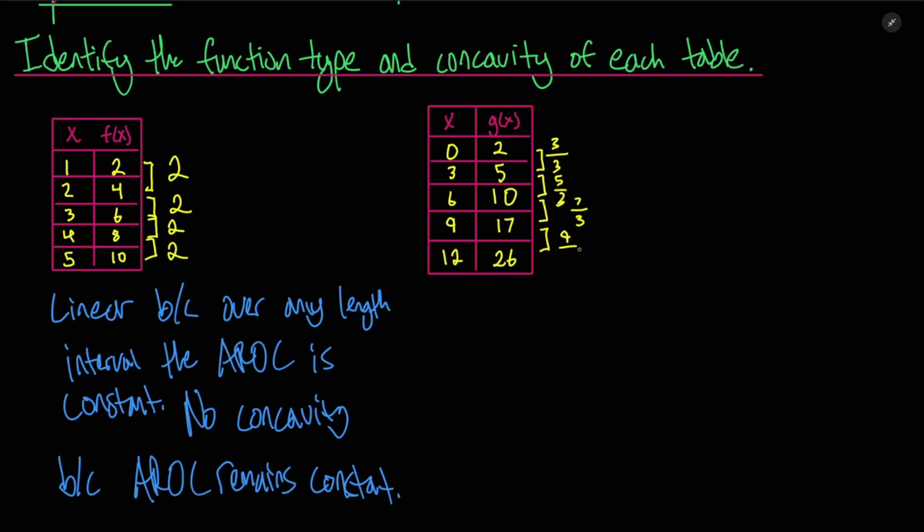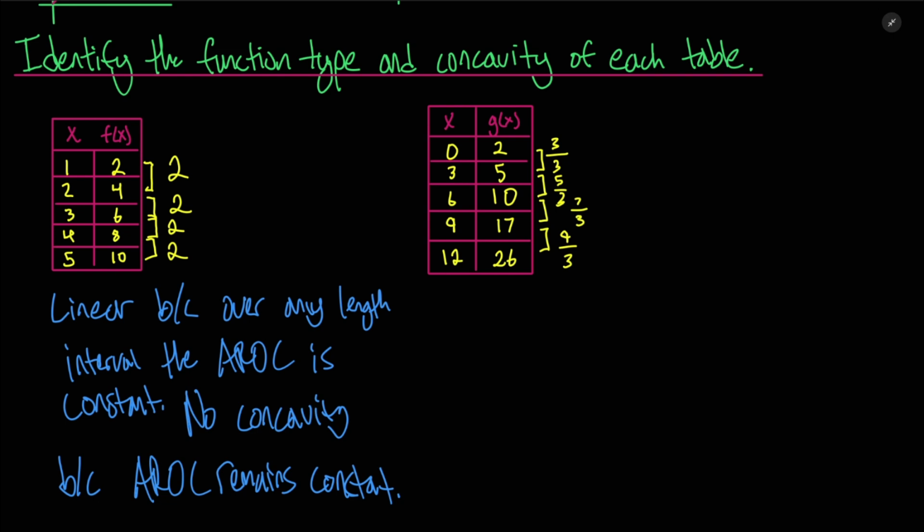We're increasing by 9 over 3. So now, let's talk about the value of these. What do we notice about these? These are all different, right? Our average rate of change is increasing over all those intervals.